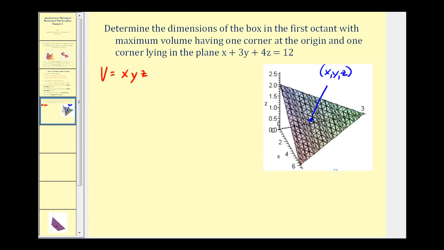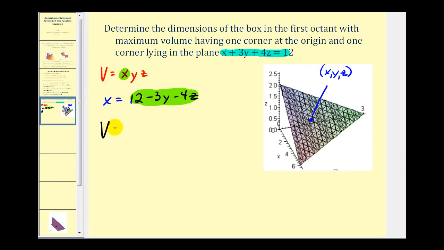Again, we're going to take our equation for the plane and we'll solve it for x. So we'll have x equals 12 minus 3y minus 4z. And now we'll perform substitution into our volume equation. We can replace x with 12 minus 3y minus 4z, and that'll give us the function that we want to maximize.